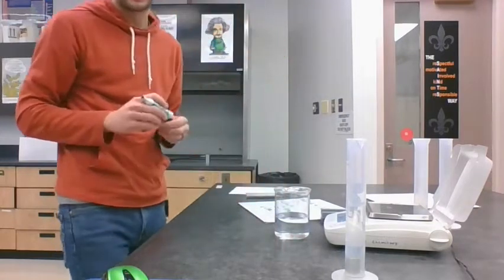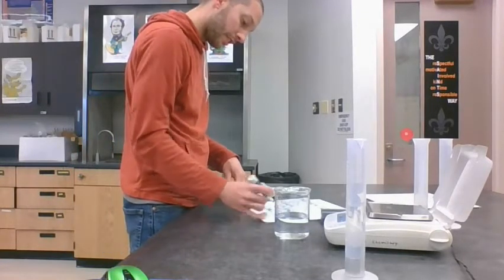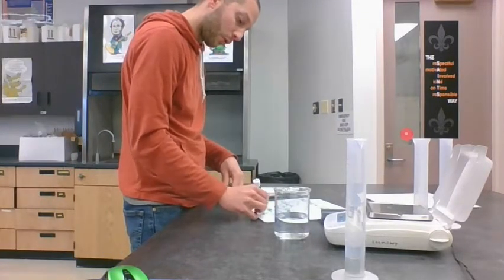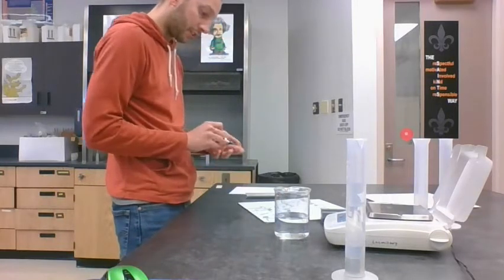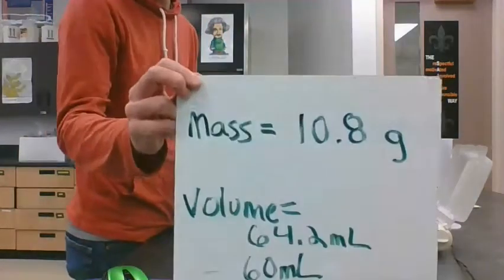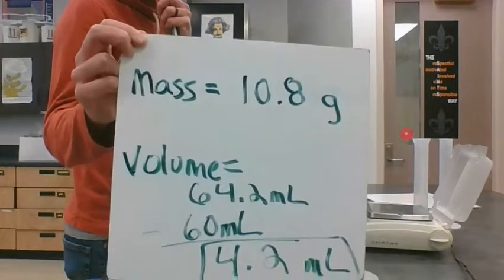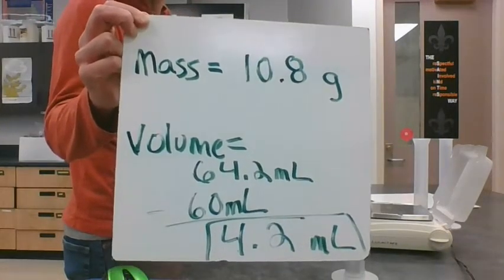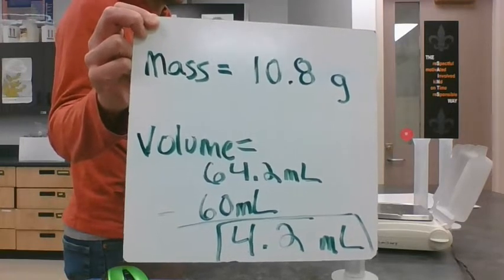Right, and it was right at 60. So I would do a subtraction, and that would leave me at 4.2 milliliters for the volume on this piece. So 10.8 grams and 4.2 milliliters is what we'd have for our first piece of aluminum.